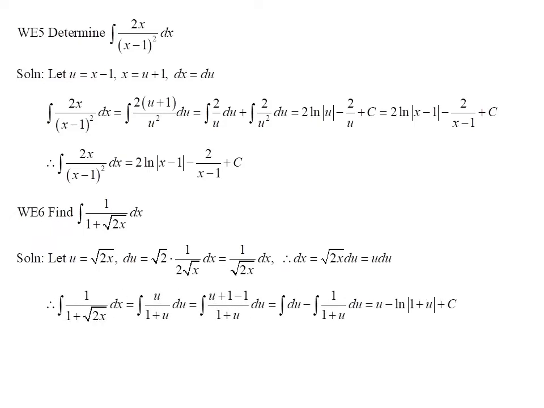Hence, the antiderivative is written as the integral of u over the sum of 1 plus u du, which can be simplified to the integral of du minus the integral of 1 over the sum of 1 plus u du, which equals u minus ln of modulus of 1 plus u plus c. After back substituting to the variable x, the antiderivative equals the square root of 2x minus ln of (1 plus square root of 2x), in parentheses, plus c.